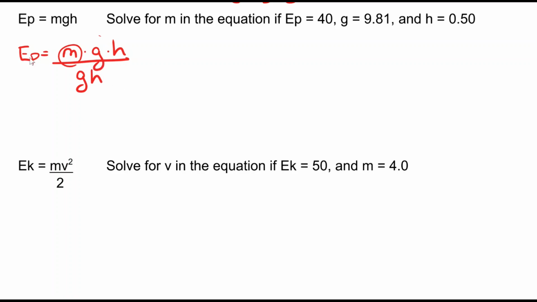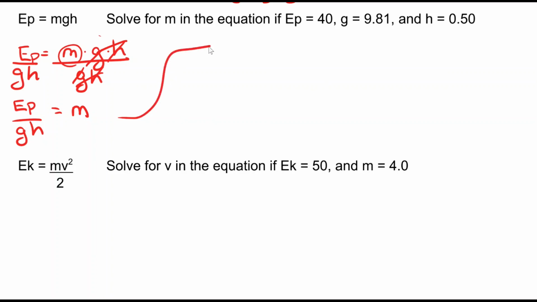So whatever I do to one side, I have to do to the other. The G and the H cancel with the G and the H, like the G and G cancel, the H and the H cancel. And so what are we left with? We're left with M on the right-hand side, and it's equal to EP divided by G and H. So that's my rearrangement. I'm going to go ahead and write that in a different way.